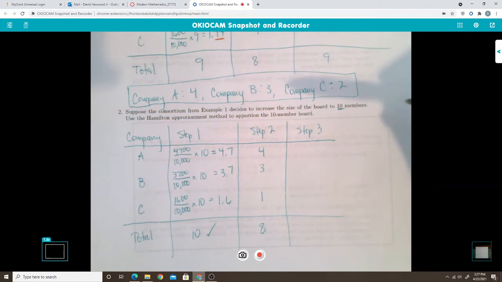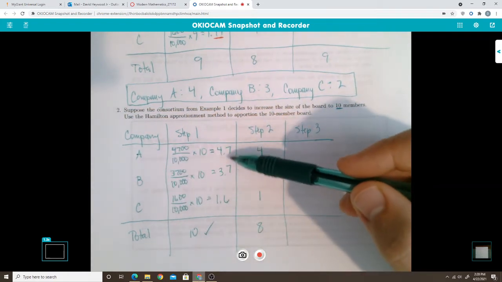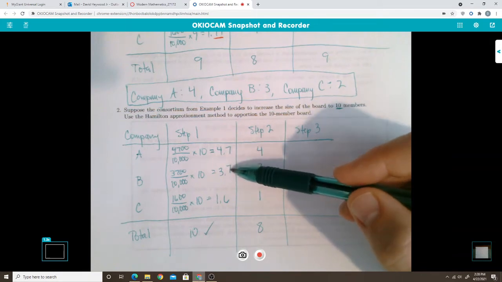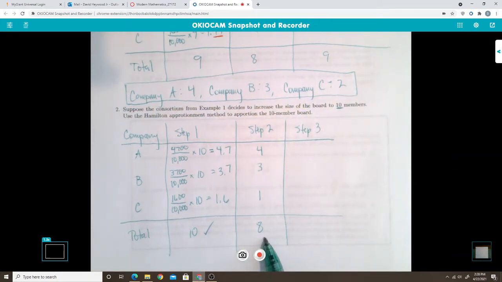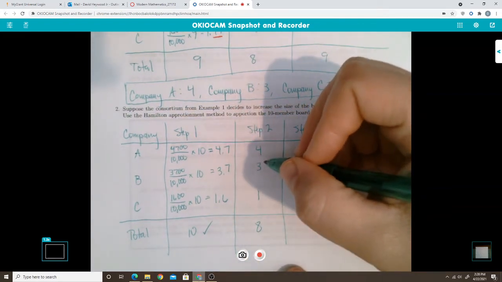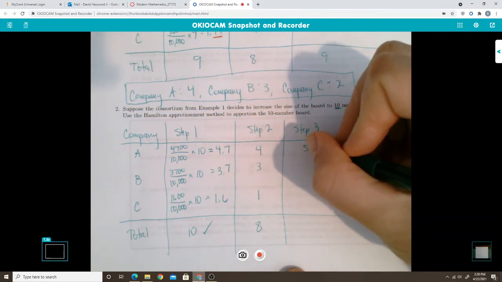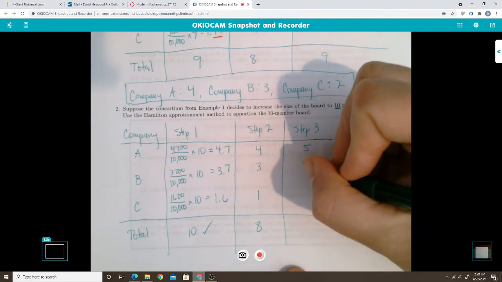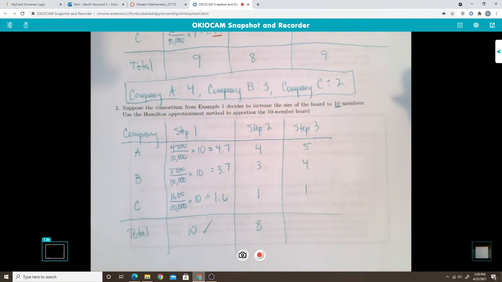So who's the most deserving? Well, notice that company A and company B both have the same decimal part. Fortunately for us, we have 2 more representatives to place. So we're going to give each of them an additional representative. So now company A will get 5 representatives, company B will get 4 representatives, and company C still just keeps 1 representative.